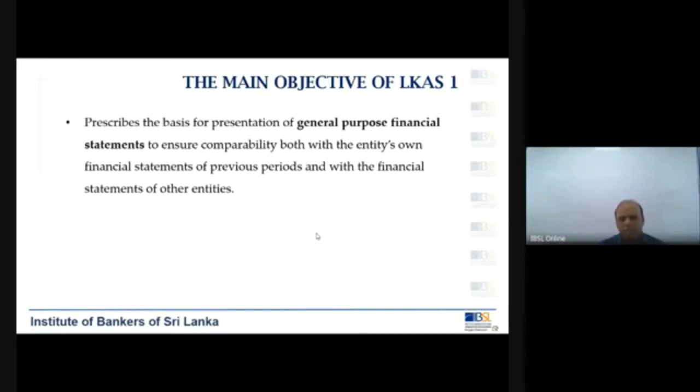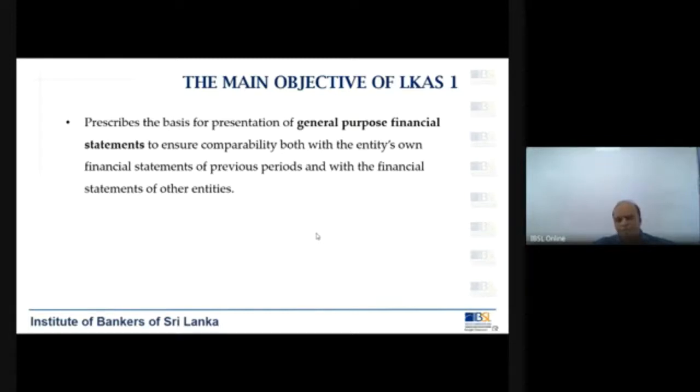So what we are looking at here is any information that is accessible to the users of financial information, which will become a general purpose financial statement. When you are preparing a general purpose financial statement, you need to be mindful of another feature that we learned: it should be comparable.